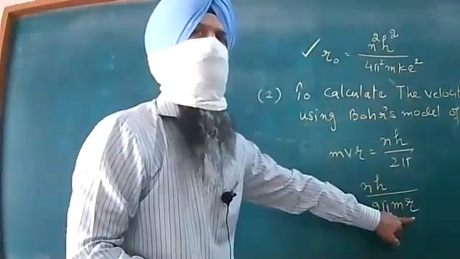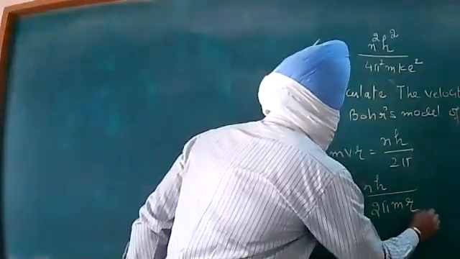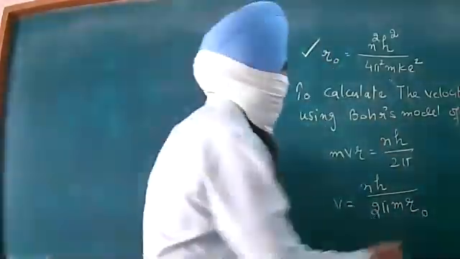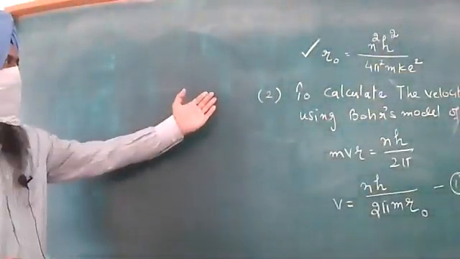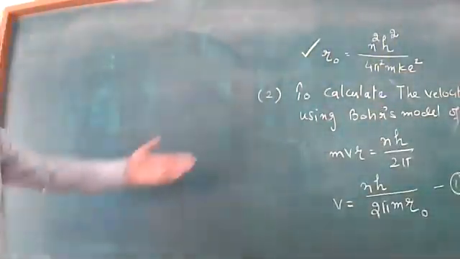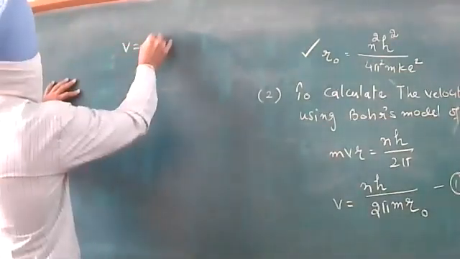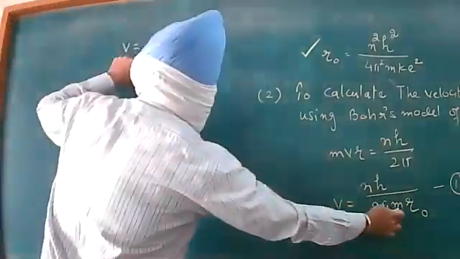You can mention it to be equal to R naught, or you can substitute the value of this R naught here in this equation. So let me mark this as equation number 1 and substitute the corresponding value of r. So dear all, v is equal to nh upon 2 pi m.